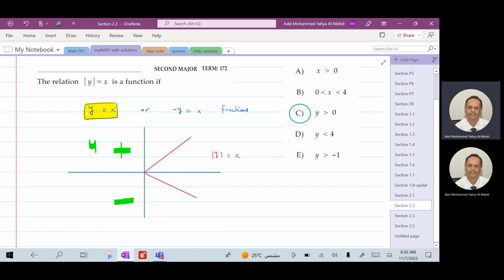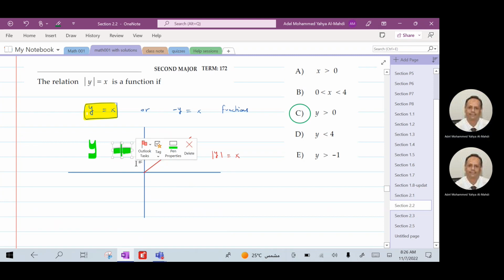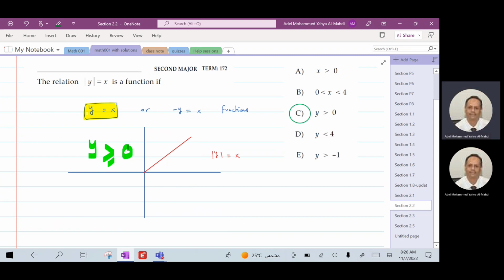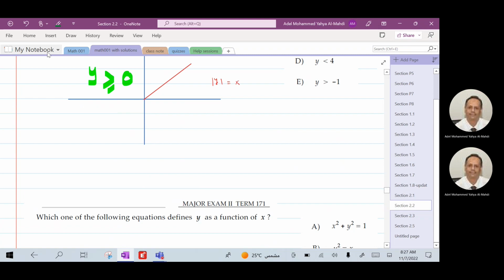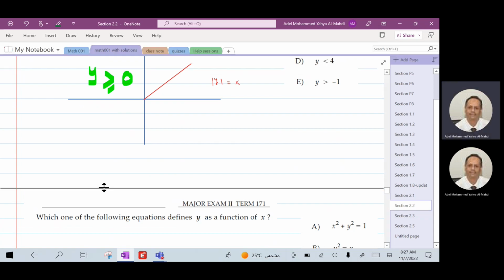So y bigger than 0, we take the upper part and remove the lower part. Now for sure, it is a function.